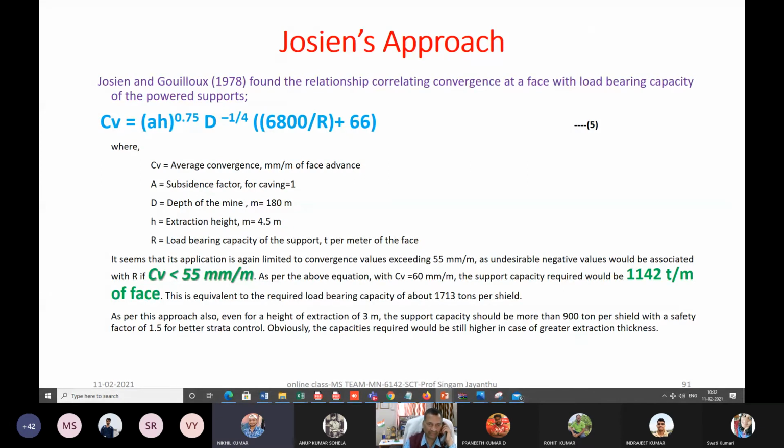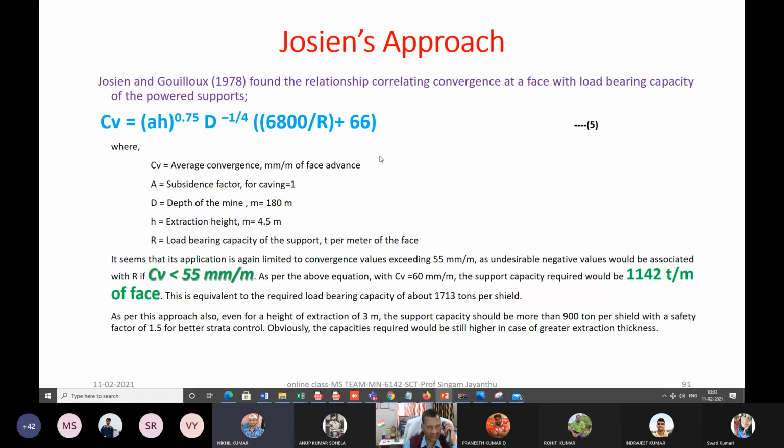So we are moving on to the next approach, that is Joyson's approach. Joyson found a relationship correlating convergence at a face with the load bearing capacity of the powered supports. In the given equation, CV is average convergence, which is mm per meter of face advance.